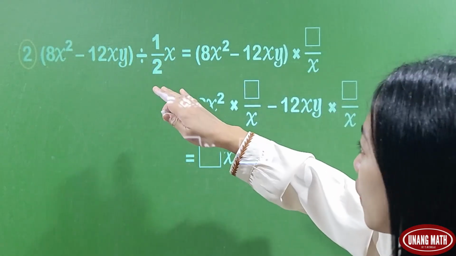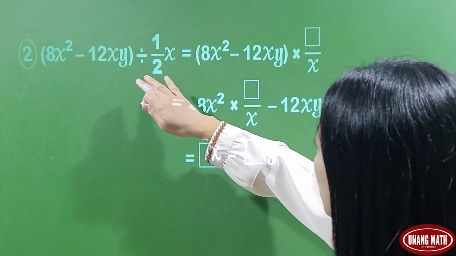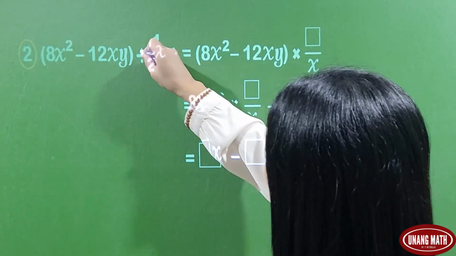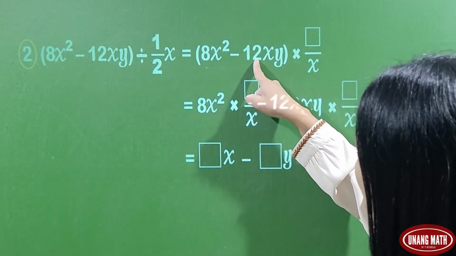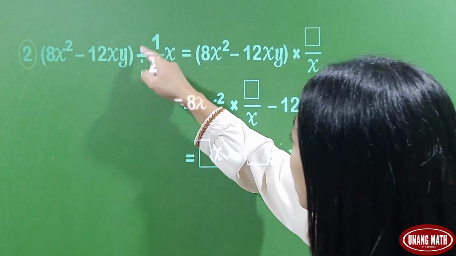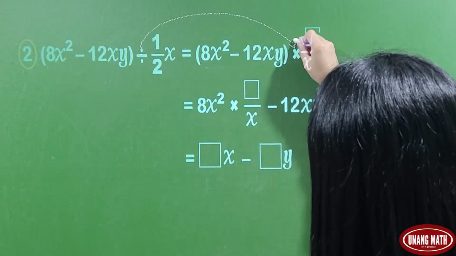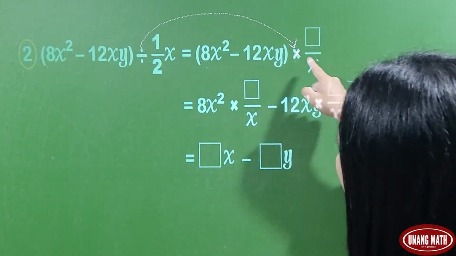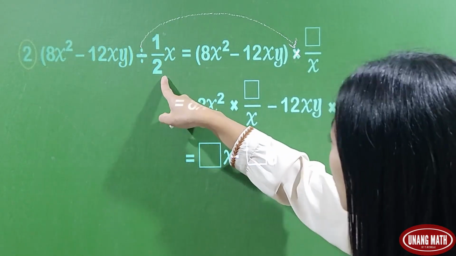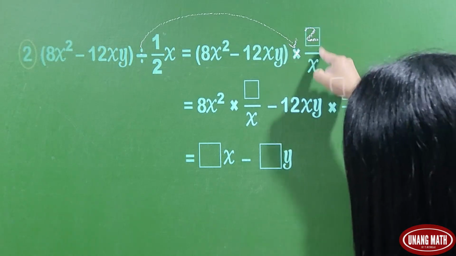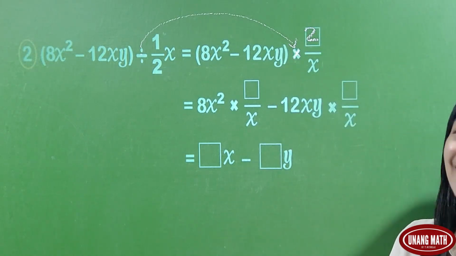So we will be using the reciprocals to convert this division to multiplication. So we will copy the polynomial 8x squared minus 12xy. This division now turns to multiplication, and then we will get the reciprocal of x over 2. That would be equal to 2 over x.